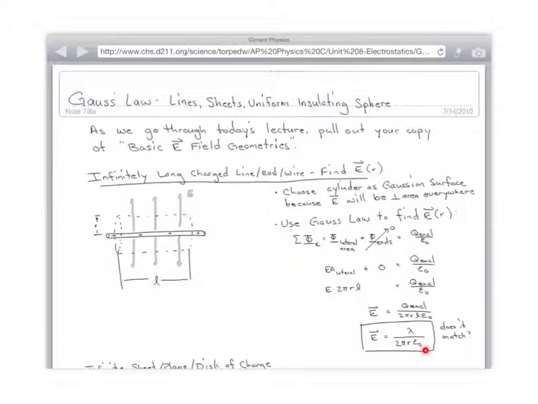No calculus required, no limits, no L'Hopital's rule, none of that garbage, in essentially one simple algebra step. The flux is the electric field times the area, and the area is the area of a cylinder. Got it? All right, simple? Let's do a different shape.